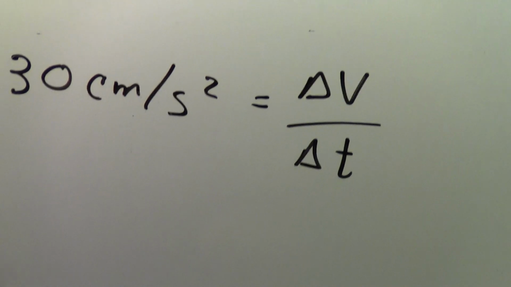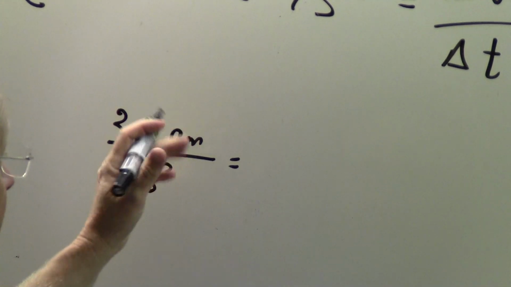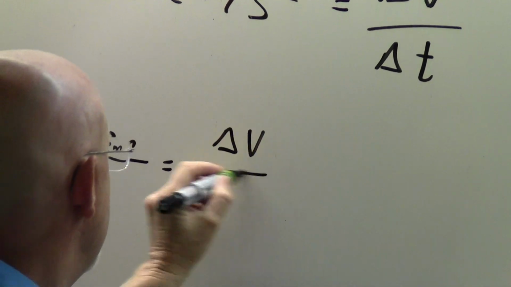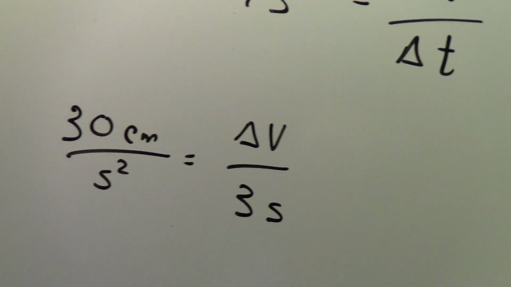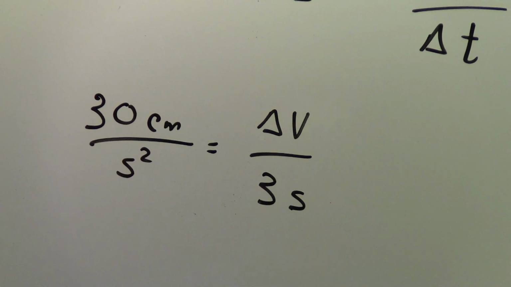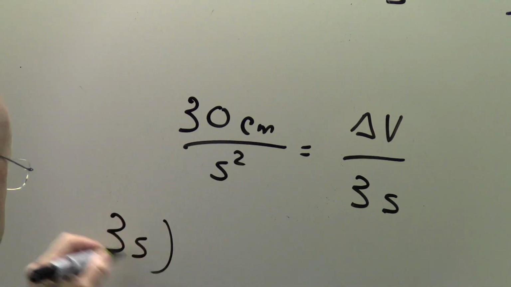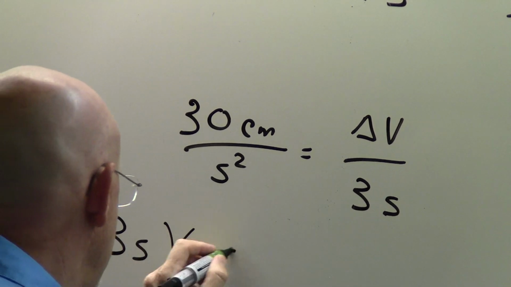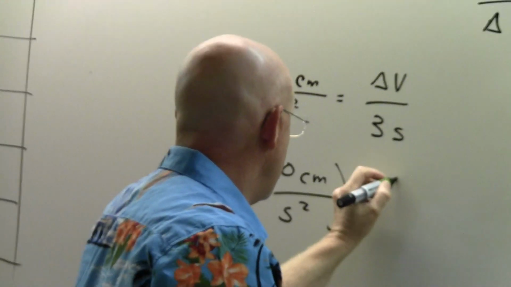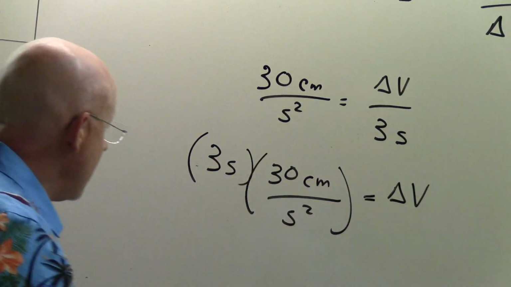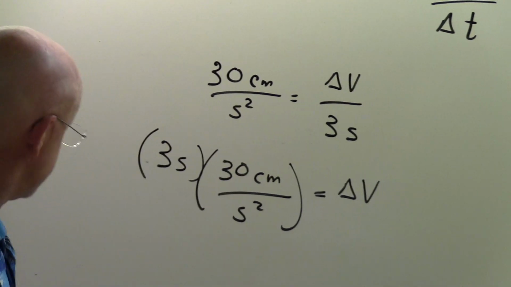So if I put in 30 centimeters per second squared for the acceleration, and down here, I put in 3 seconds. And then I move this to the other side, so this becomes 3 seconds multiplied by 30 centimeters per second squared. I would get the change in velocity. And let's do our unit analysis again.